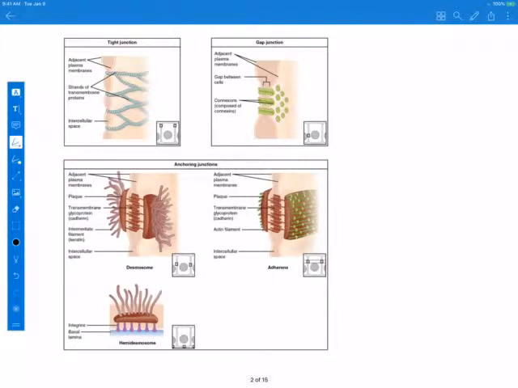So looking at the gap junction, you'll notice there are these little connexons, these little green tubes, and they form an intercellular passageway between the lateral walls of the adjacent cells, so small molecules like ions can travel between cells. And an ion is just a little charged particle.